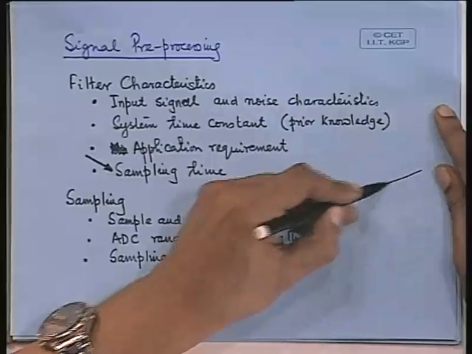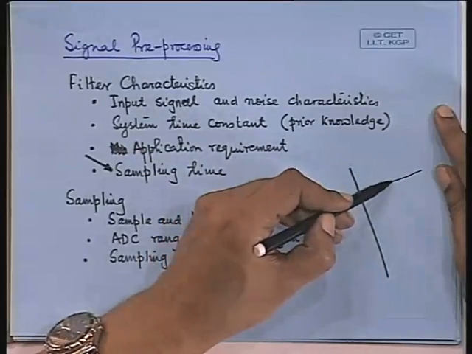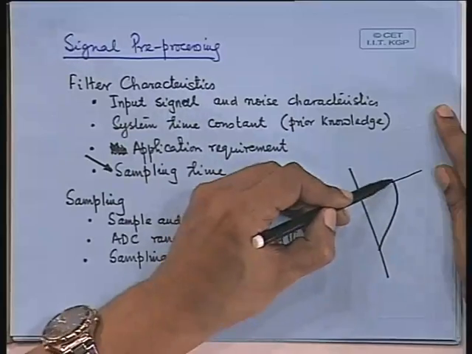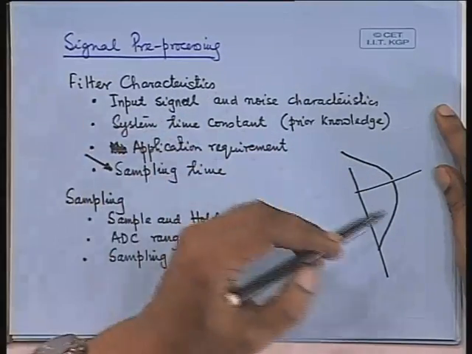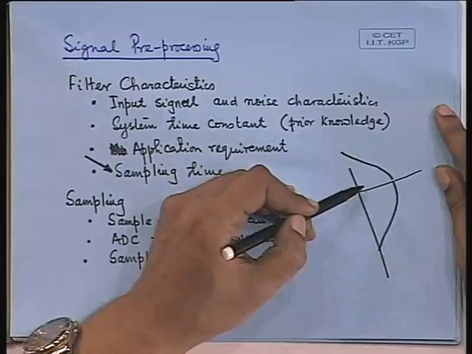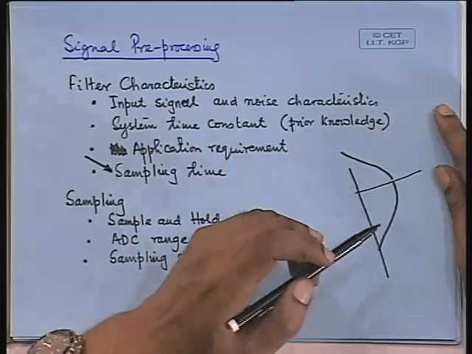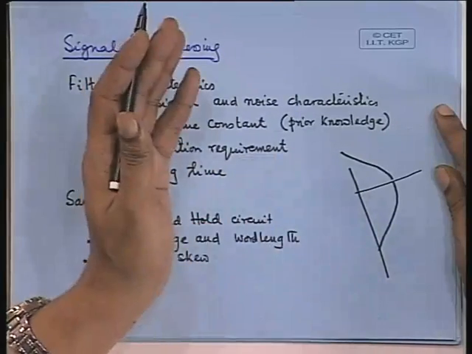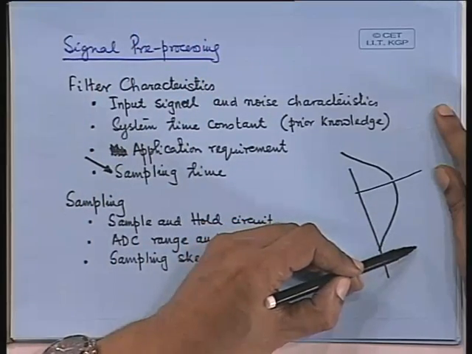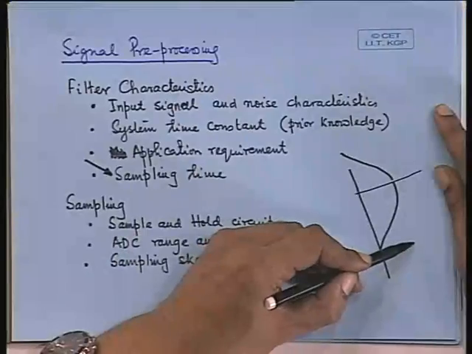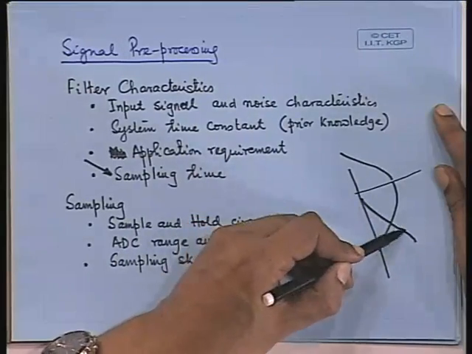Suppose you have a system bandwidth which is like this, and now you sample it at lower than the Nyquist rate, and I think you're familiar with Nyquist rates, then the sampled signal will have a spectrum like this.